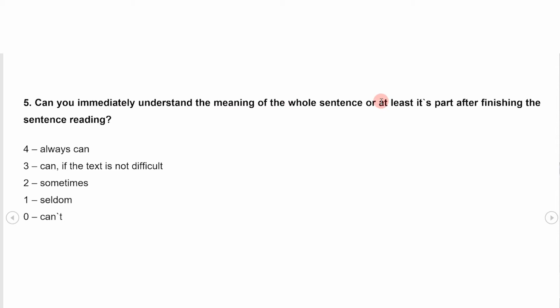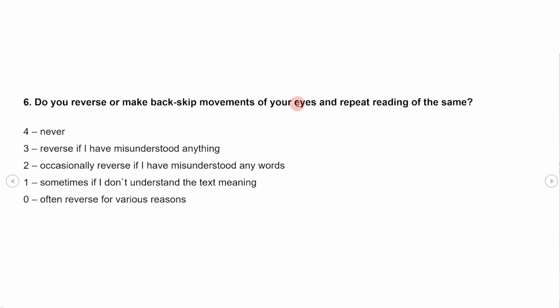Okay, the fifth question. Can you immediately understand the meaning of the whole sentence, or at least its part, after finishing the sentence reading? 4 points. Always can. 3 points. Can if the text is not difficult. 2 points. Sometimes. 1 point. Seldom. 0 points. Can't. Okay, the sixth question.